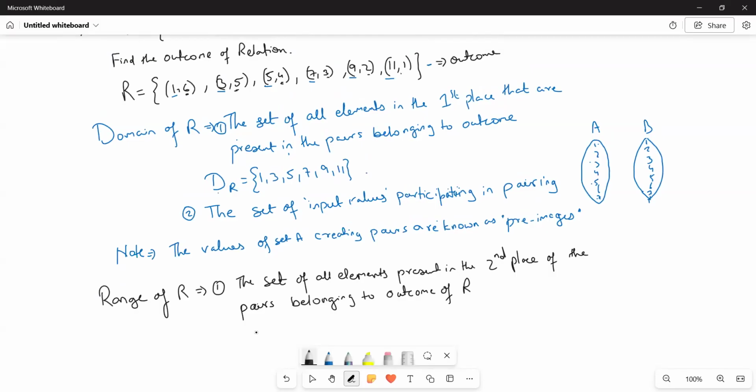So the range of this relation will be the set of values 1, 2, 3, 4, 5, 6.